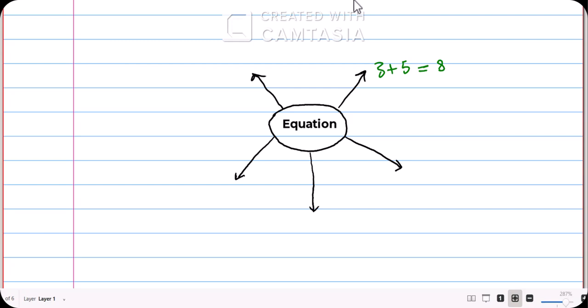So this part is an expression. We're expressing here, then now here we are equating this expression to something. The value of this expression is the one on the right hand side.